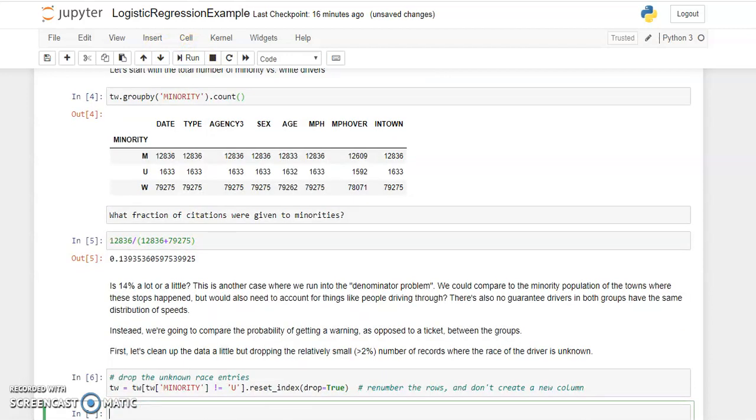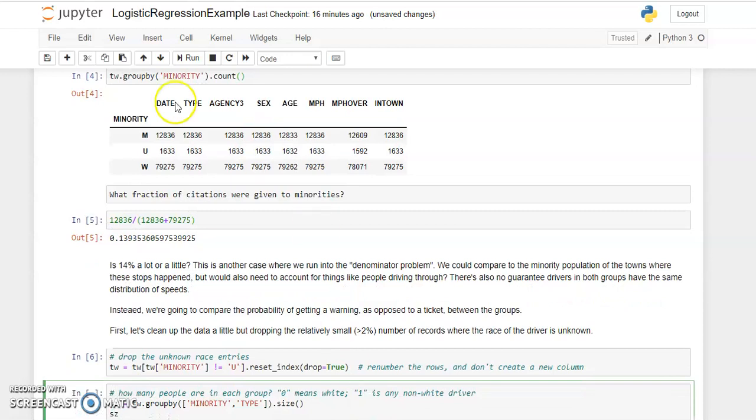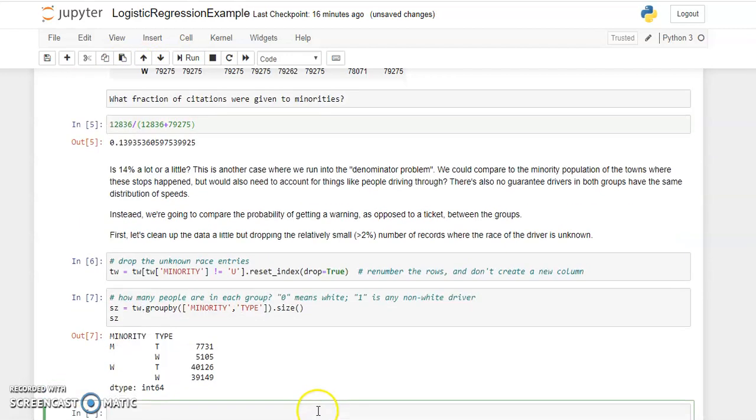That's something you always need to consider: how much am I impacting the data overall. And then I just want to, again, look at how many people are in each group now that I've removed those unknowns, right? And so when I say each group, what I mean is by white and non-white drivers, how many get tickets and how many of them got warnings, okay?